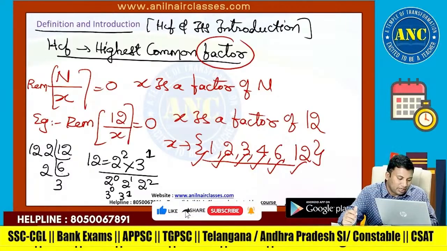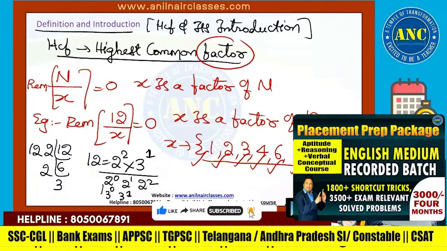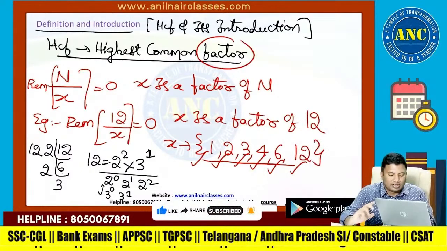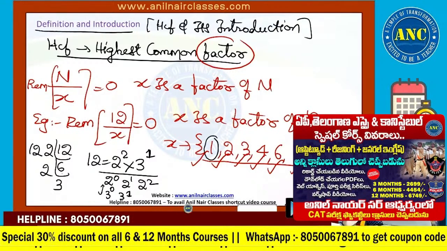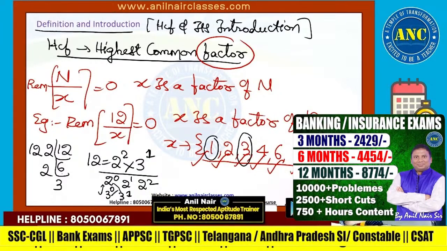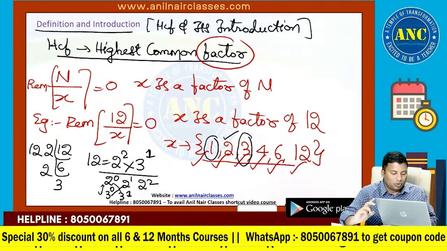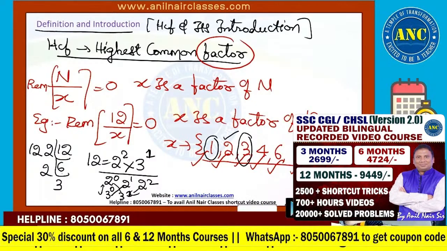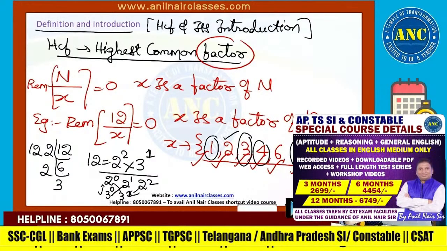Now, if you see here, 2 power 0 into 3 power 0, 1 into 1 is 1. 1 is a factor of 12. 2 power 0 into 3 power 1, 1 into 3, 3 is a factor of 12. 1 into 2, 2 is a factor. 4 into 3, 12 is a factor. 4 into 1, 4 is a factor. 2 into 3, 6 is a factor.